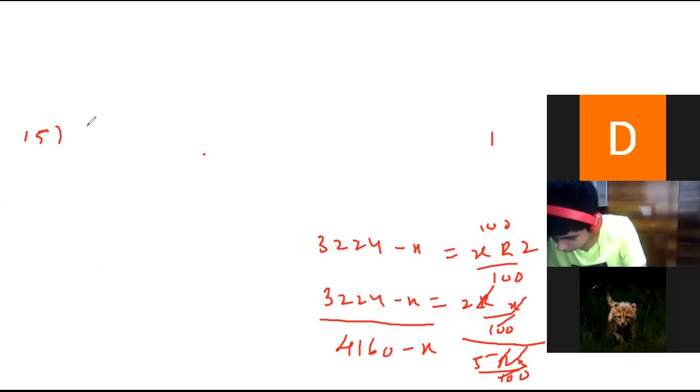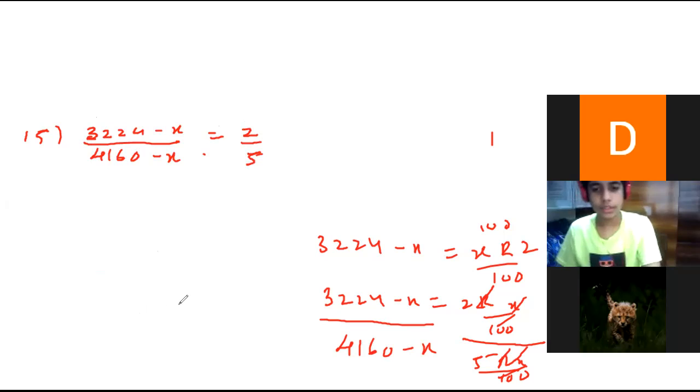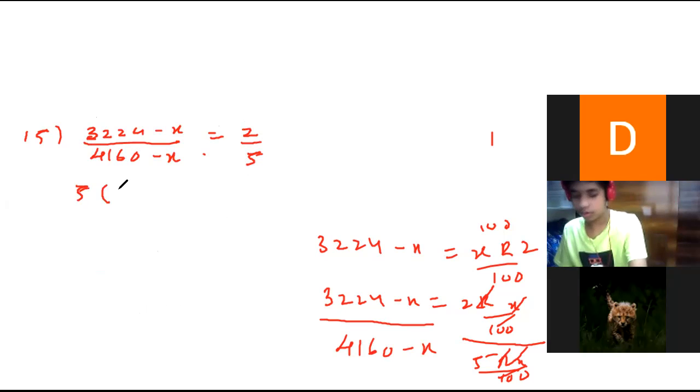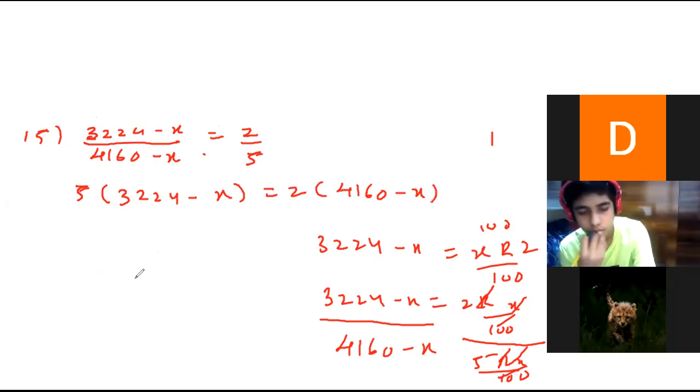So this will become 3224 minus x upon 4160 minus x is 2 upon 5. Now if I cross multiply, it will be 5 into 3224 minus x is 2 into 4160 minus x. Now open the bracket.